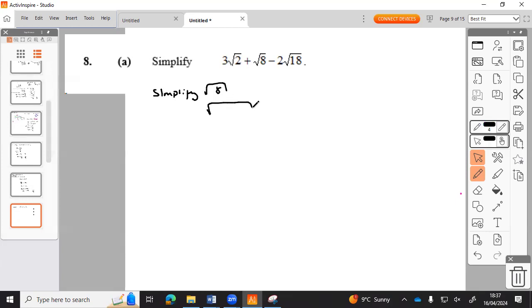Okay, and we're breaking that down into numbers that multiply together to make it, in this case, 2 times 4. Okay, we'll have root 2, root 4. So that simplifies to root 4 would be just 2. Okay, so that would simplify to root 2.